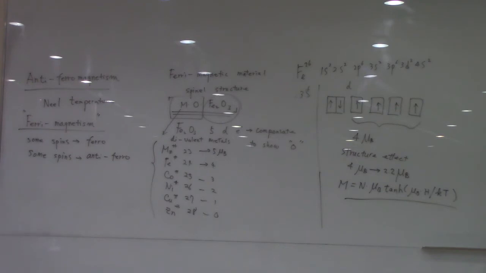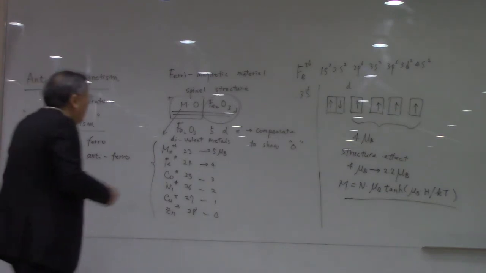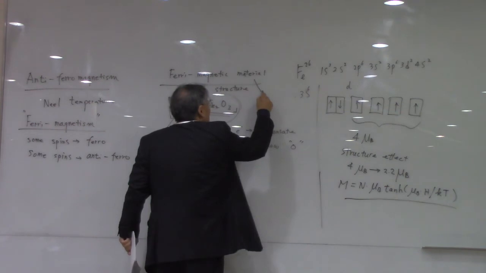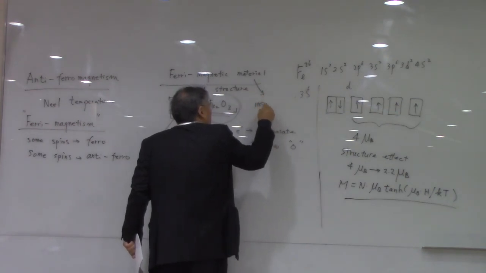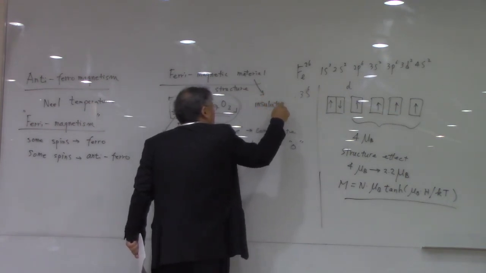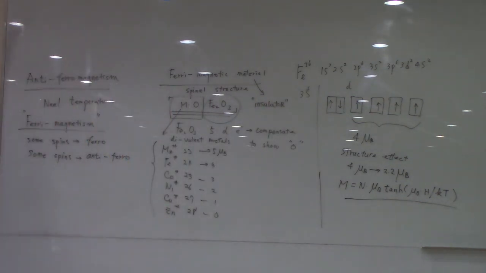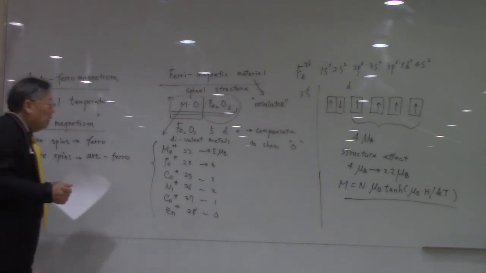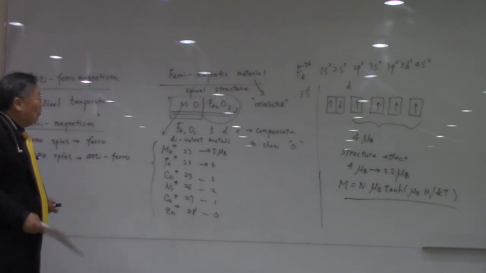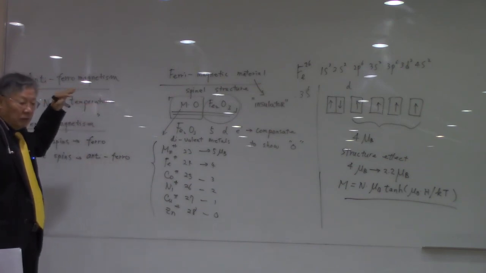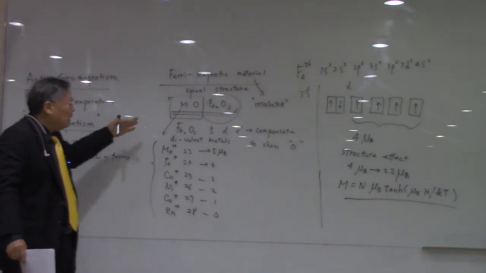The ferrimagnetic material is in itself an insulator. Okay? So as it is magnetized, no current is going to flow inside the material, so no heating up by Joule heating. So the temperature is not going to be raised with the magnetization.